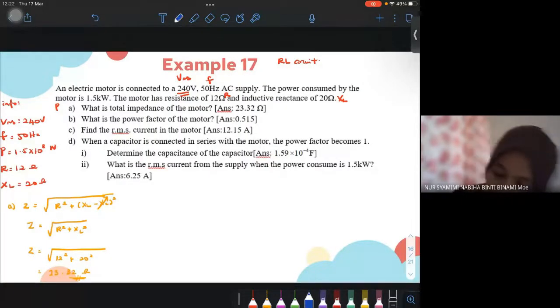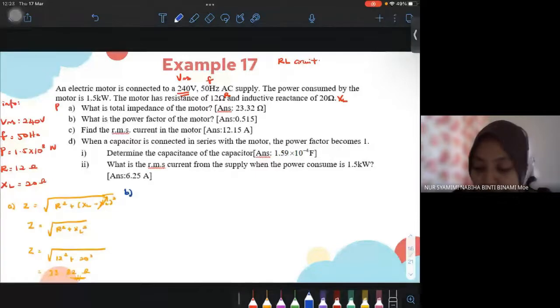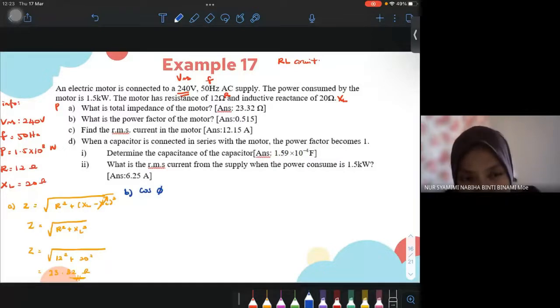Good. For B, we ask, what is the power factor of the motor? So, what is power factor? The symbol for power factor is cos φ. Okay, so we know power factor is P real divided by P apparent.